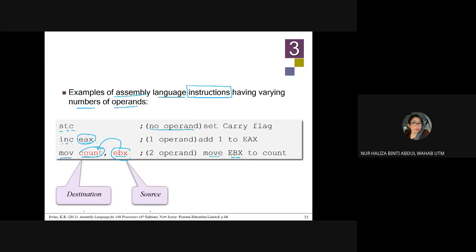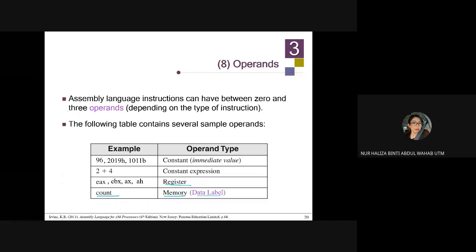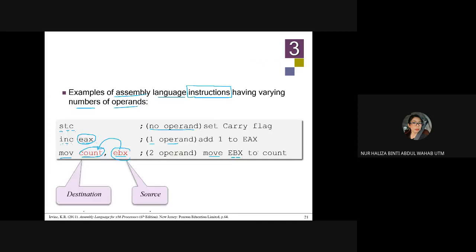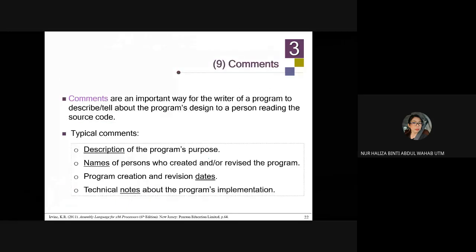You can also have one operand, and the maximum you can have is 3 operands. This is the maximum and the minimum is 0 for an instruction. Okay, this one is already the example under instruction.